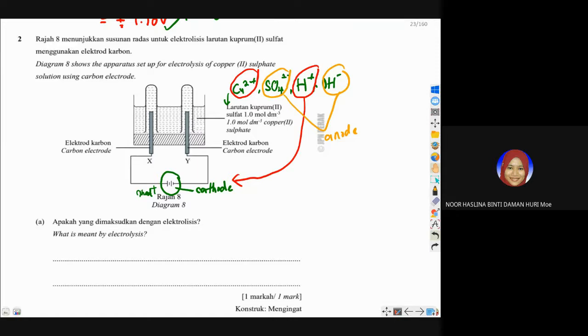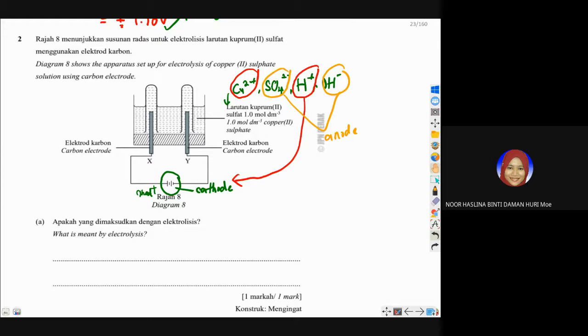Okay, electrolysis is a process whereby compound in the molten state, okay, or an aqueous solution decompose into their constituent element. Ni tu baru masuk. Okay, baru ada 14. Okay, saya kita understand. Okay. So, electrolysis, okay, is a process.